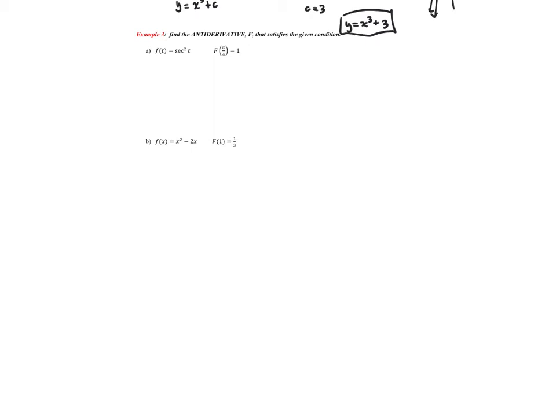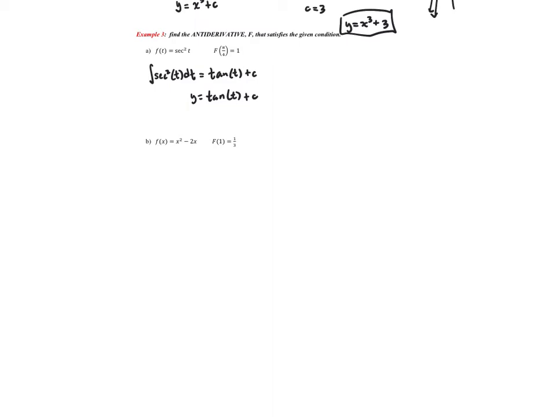Okay, so if we want to know what big F of t is, of course we'd take the antiderivative of secant squared of t with respect to the independent variable t, which is going to be tangent of t plus c. So what I'm saying is that my family of functions can be written as the tangent of t plus c.